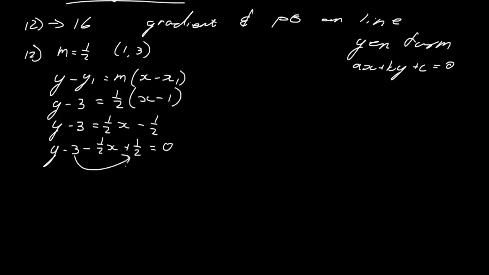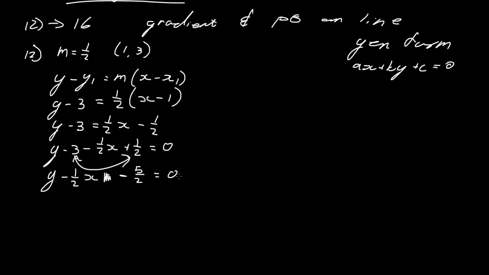Let's add our two constants. Minus 3 plus a half is equal to negative 5 over 2. So, y minus 1 half x minus 5 over 2 is equal to 0.